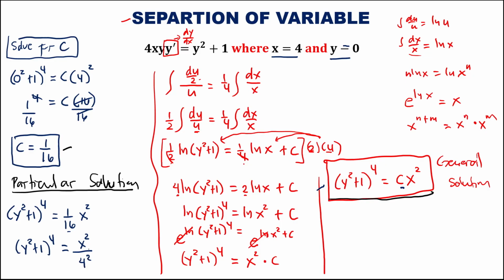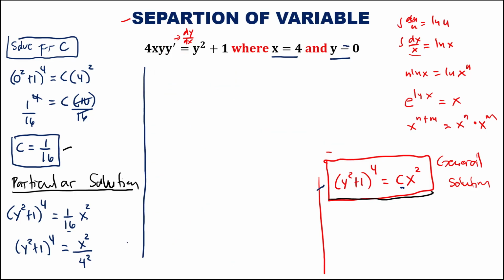To make these two exponents equal, then to simplify, this becomes (y² + 1)⁴ equals, so we can put the exponent outside, x over 4, then put the exponent outside, because we need to solve for y.